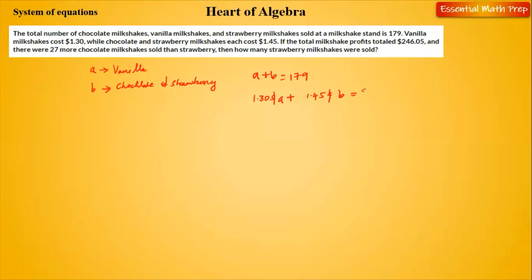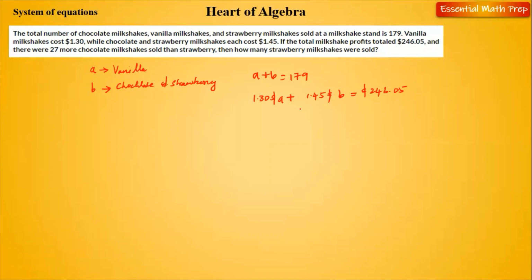This is equal to $246.05. If you didn't understand this problem at this point, don't worry about it. Just watch through it. As we go through similar problems, you will understand how I write these expressions, because they all carry a very similar note.